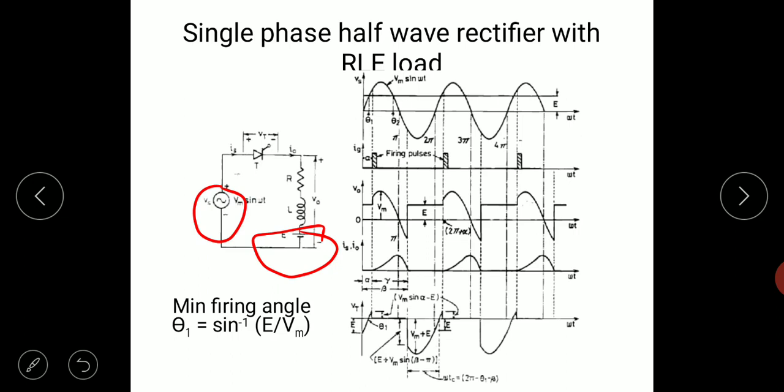The thyristor can only conduct after angle theta 1. The firing angle alpha for the SCR to conduct should always be greater than or equal to this angle theta 1.